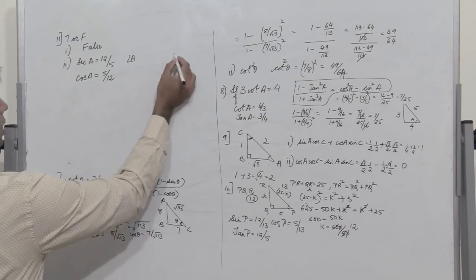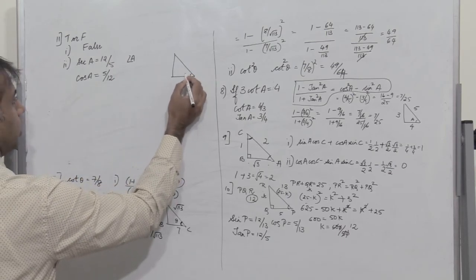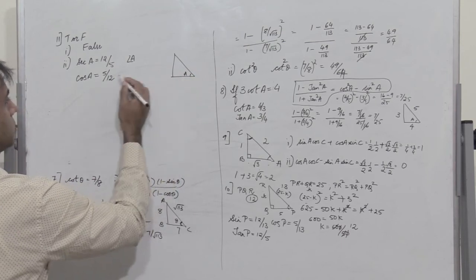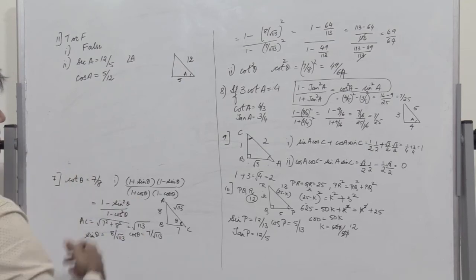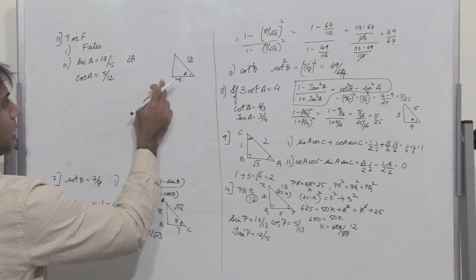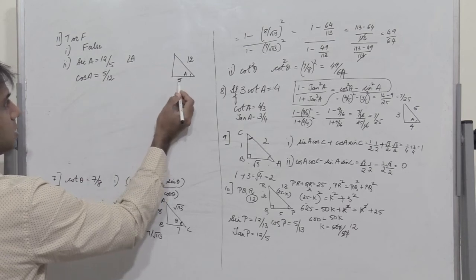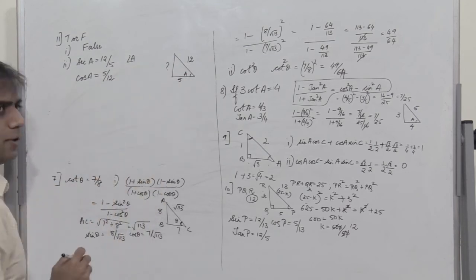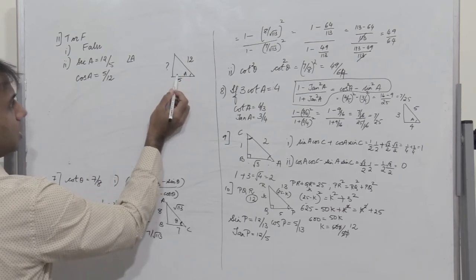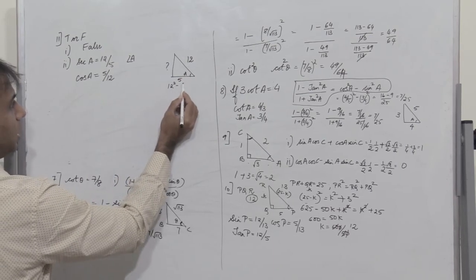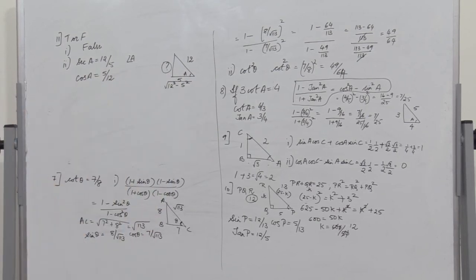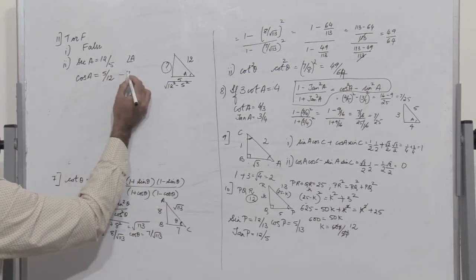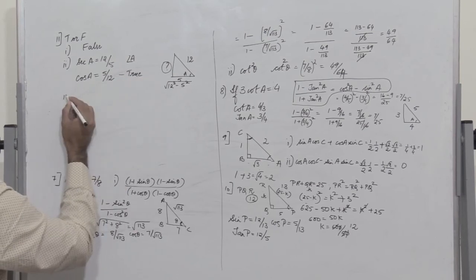So I can have a right angle triangle where this is A, the adjacent side is 5, the hypotenuse is 12. So the other side is going to be the square root of 12 square minus 5 square. So I'll get some value here. So this of course is a possibility. So the second one is a true statement.